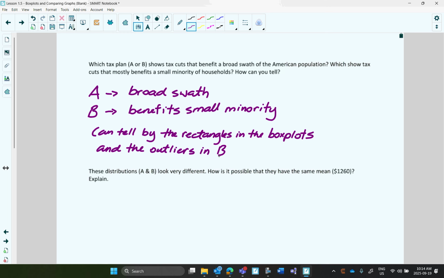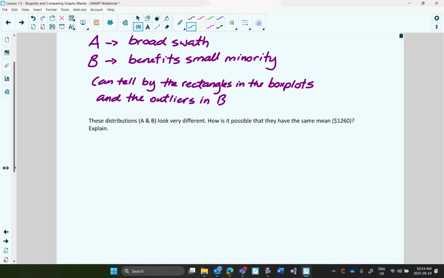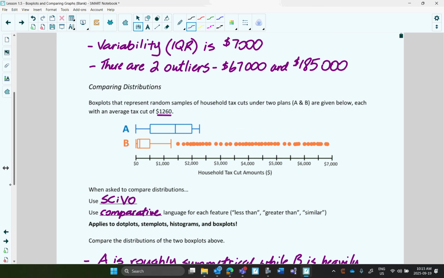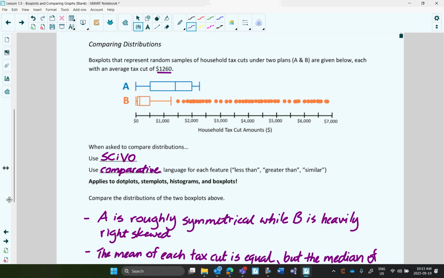And this last one's a good question. How is it that the means are the same? How would you answer that? The medians are very different, but the means are the same. So the means, what was it, 1260? Somewhere around there are the means.